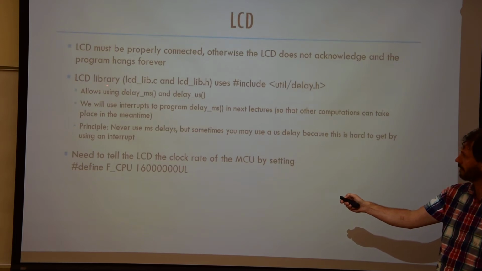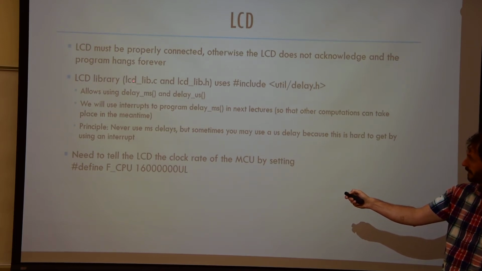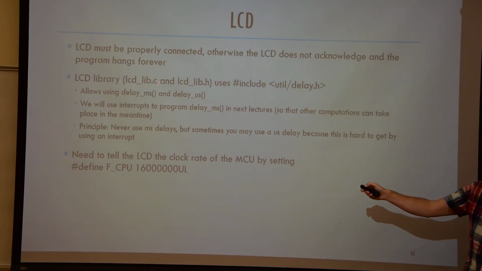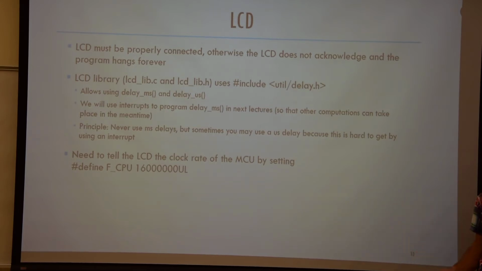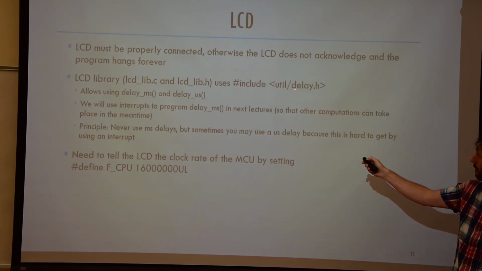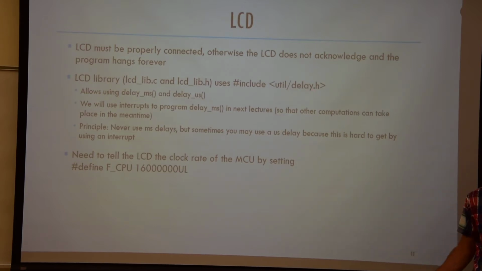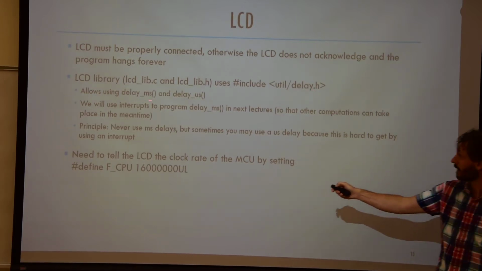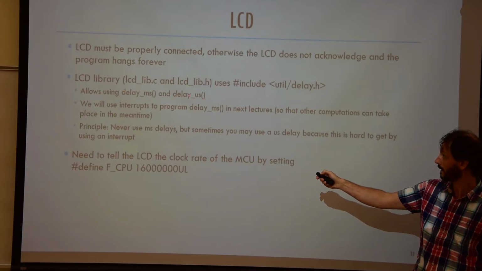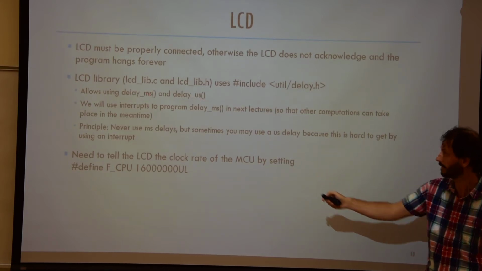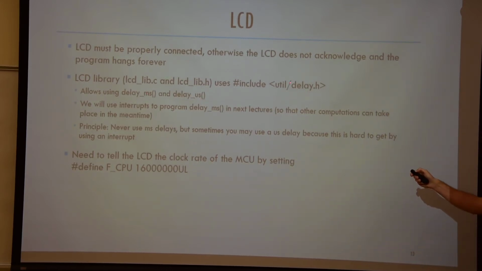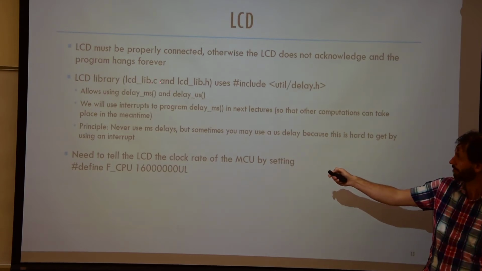Alright, so the LCD library that we have constructed for you, you can find those again. They will be posted on the web page or PS or whatever, but you will now need to include this delay.h functionality. I told you I do not like to use it, but it has microsecond and millisecond delay functionalities, and those are used in this library.